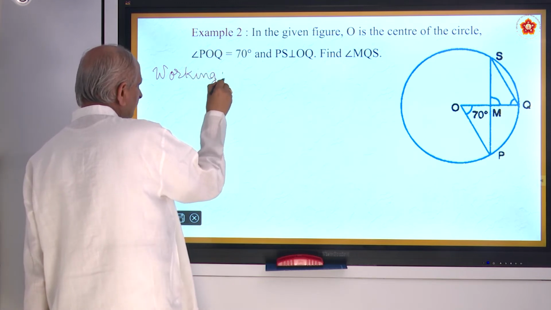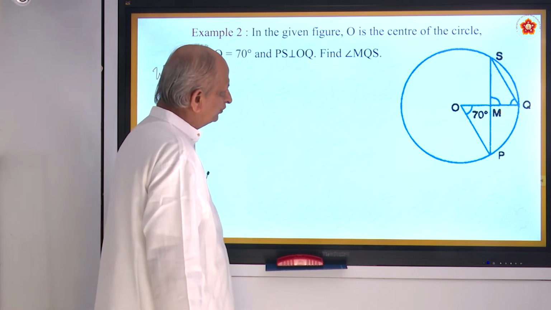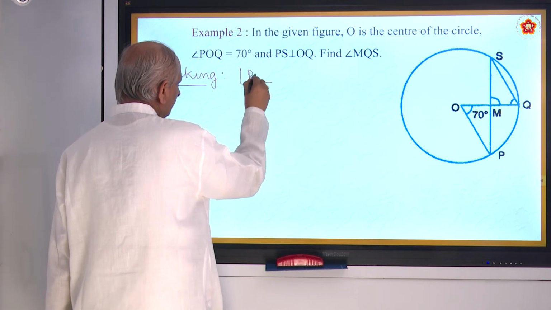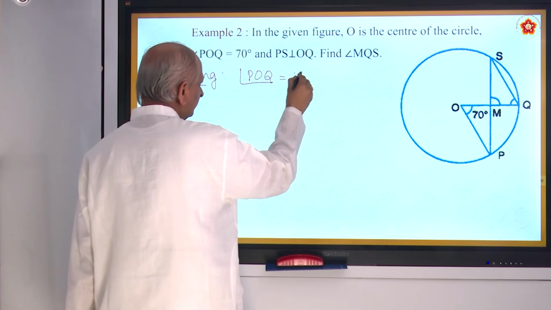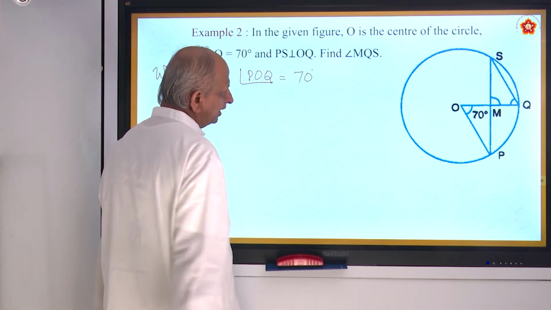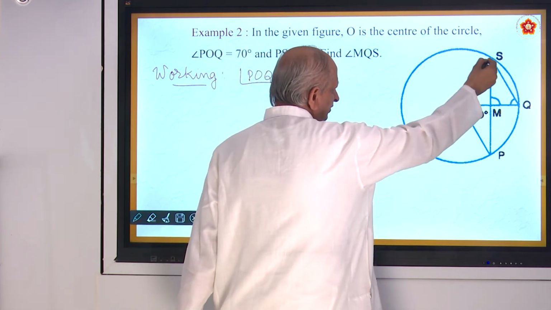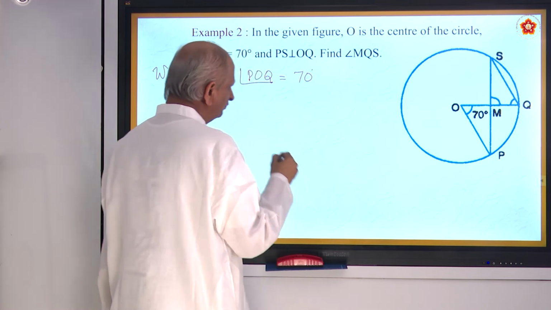It has got one more step extra. So POQ is, we are given that POQ is equal to 70 degrees. And what is the angle formed by the same arc at the circumference? That is PSQ.